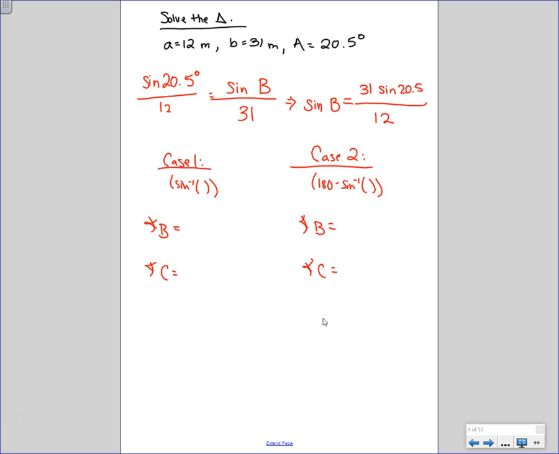Did you figure out if it's 0 possible triangles, 1 possible, or 2 possible? 2. Nice. There are 2.